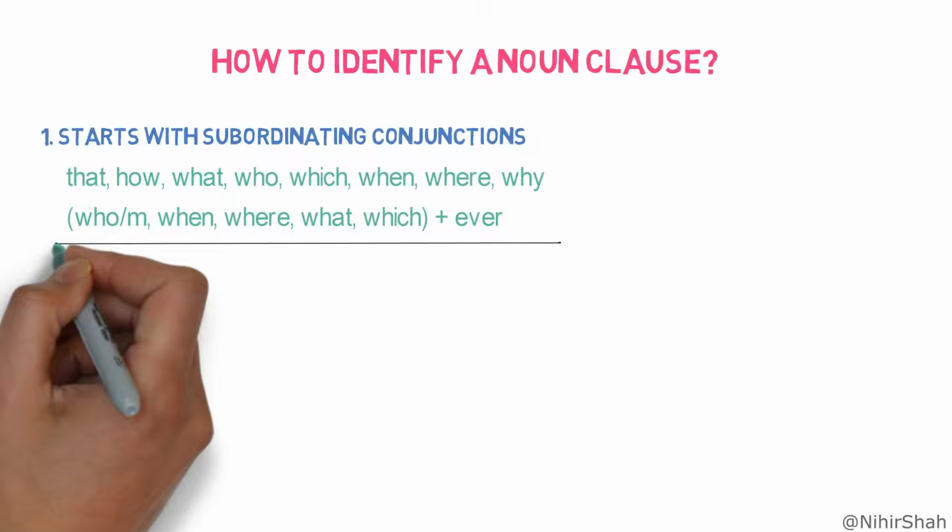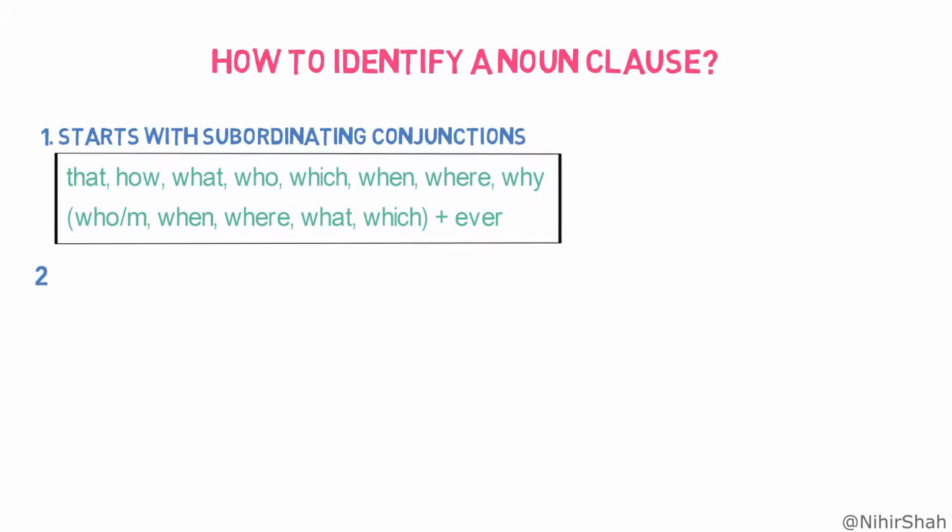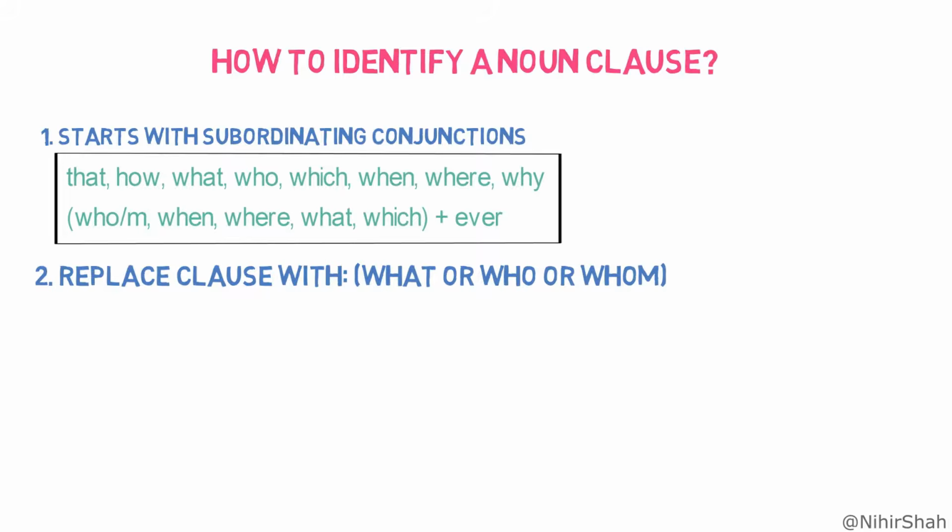So, first identify the clause which starts with these conjunctions. Number 2, we should be able to replace the clause with what, who or whom, and the clause should be able to answer it. Let's look into an example to understand these two steps.